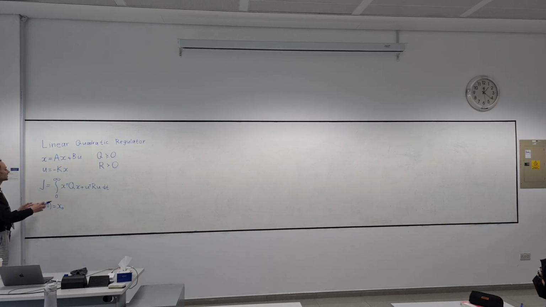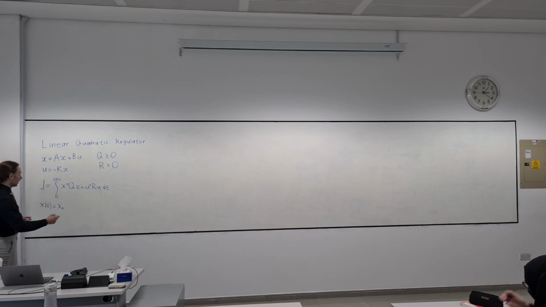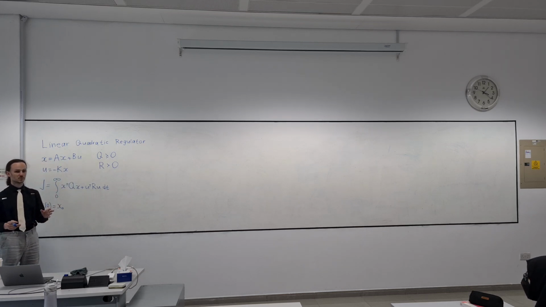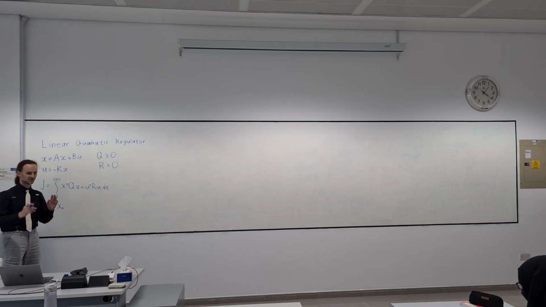What we're going to do next is try to reformulate this cost so that it becomes evident and obvious how to control the system. Please ask me about each and every step if something is not clear. Please stop me at any point.